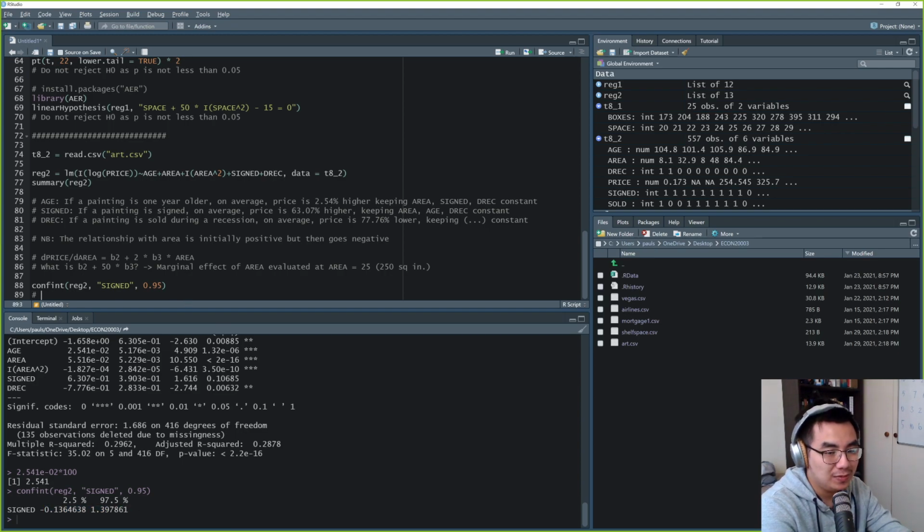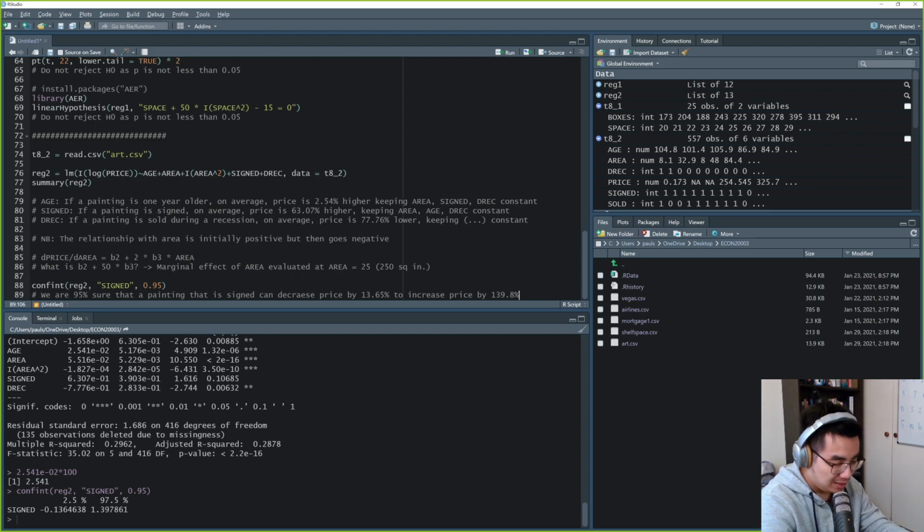What does it tell you? Well, you can see that the 95% confidence interval. So first of all, let's actually interpret the interval. We are 95% sure that a painting that is signed can decrease price by 13.65% to increase price by 139.8%.